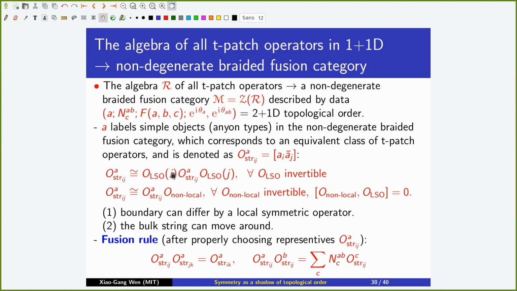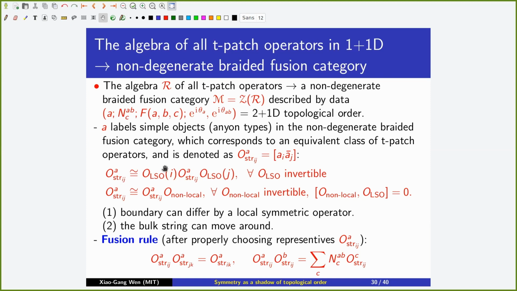So from here we can define a set of types of local transparent patch operators. This type of transparent patch operator is similar to the anyon type in the bulk. When you define a bulk topological order, the bulk topological order has anyons, and anyons have a few types. How do we recover those types of anyons from transparent patch operators?